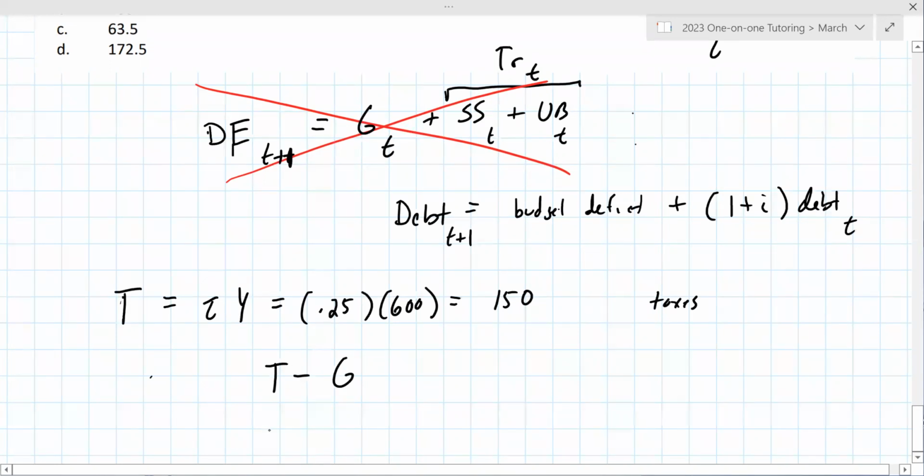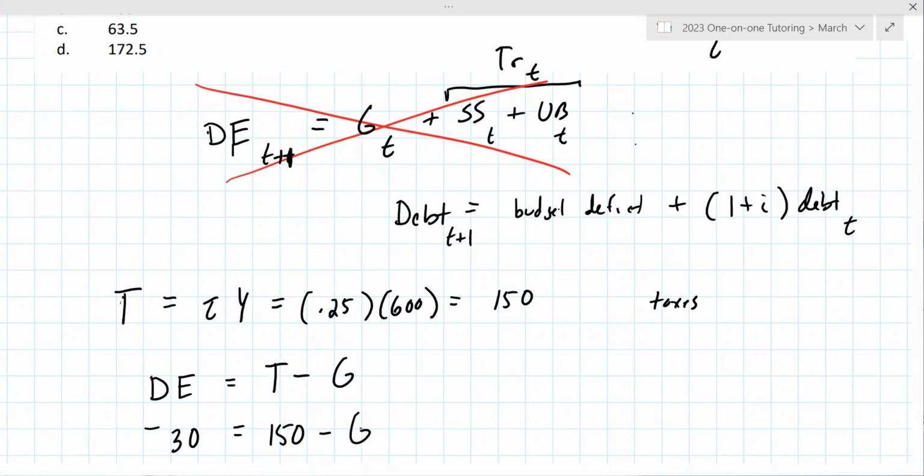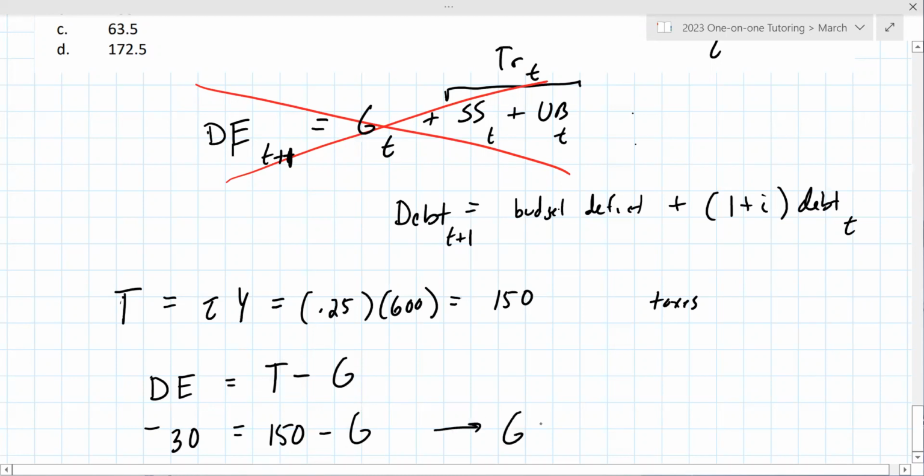Your deficit is, we know that it's $30 short, and taxes are 150 minus G gets you there. The shortage is the taxes minus the government spending. Got it. So this ends up being that G is 180.